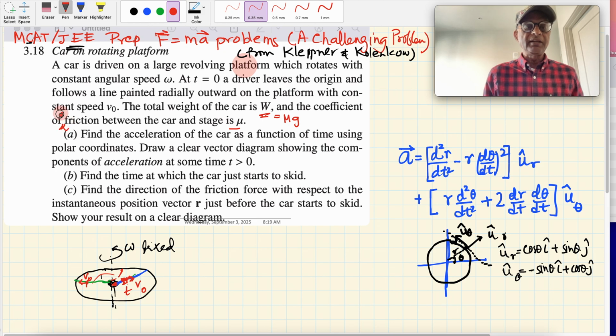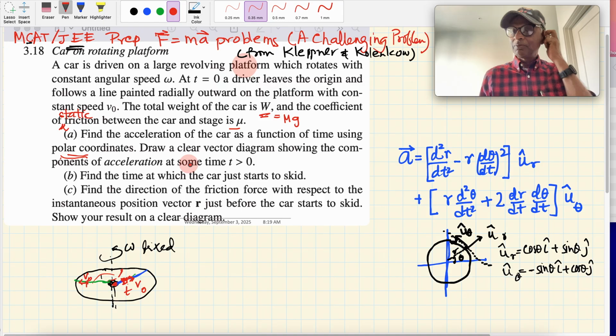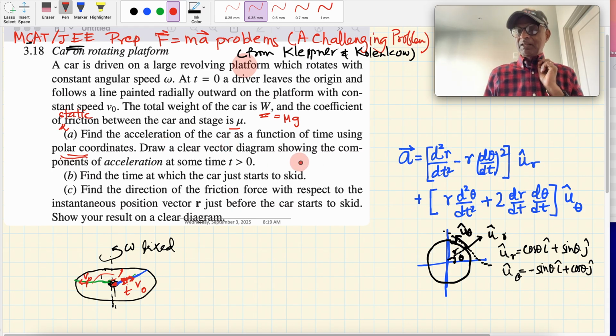Let's call it static friction, so that it doesn't slide. Okay. Find the acceleration of the car as a function of time using polar coordinates. So this is about using polar coordinates. Polar coordinates are actually the correct choice because of the way it is, but the problem is asking for that anyway, so we're going to do it that way.